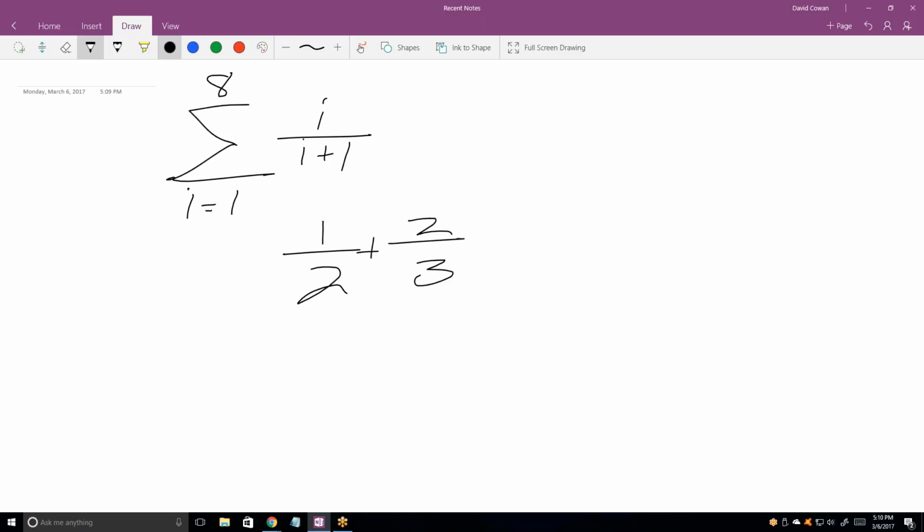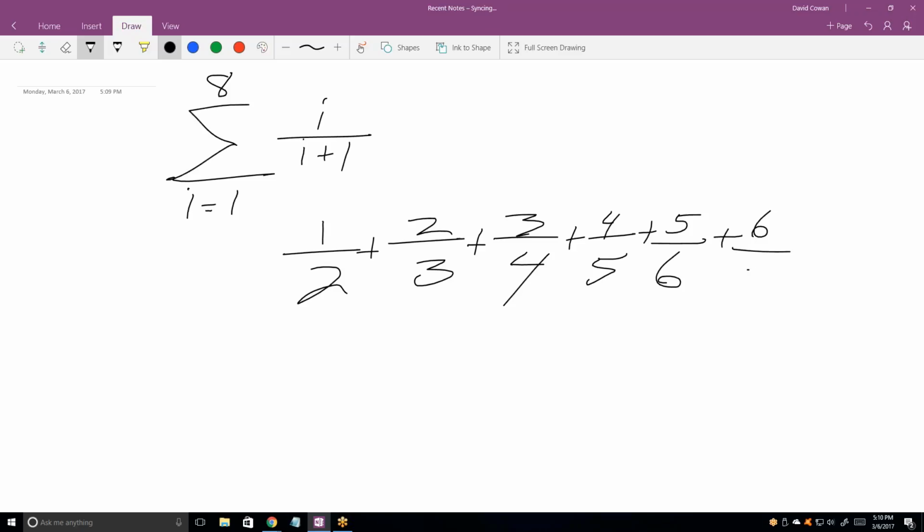Third one? 3/4. Notice the pattern. 4/5. At this point you can stop thinking and just follow the pattern. And just make sure you write 8 terms. 1, 2, 3, 4, 5, 6, 7, 8.